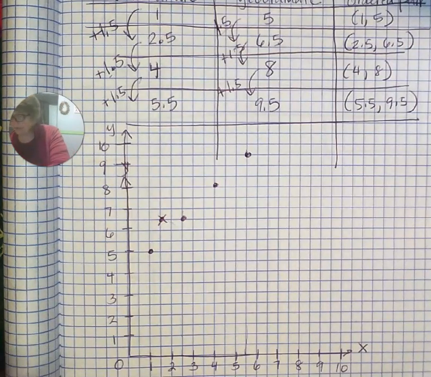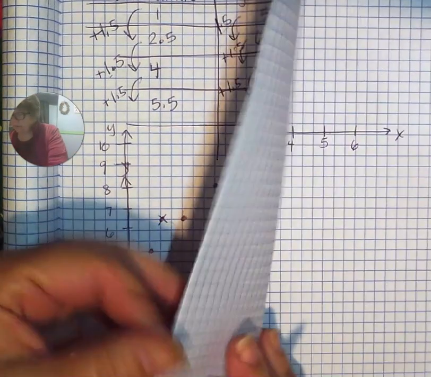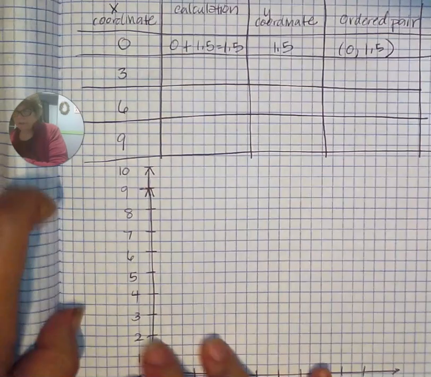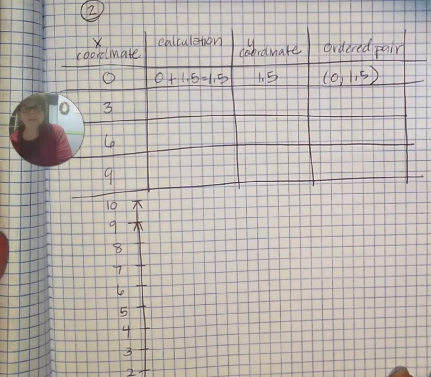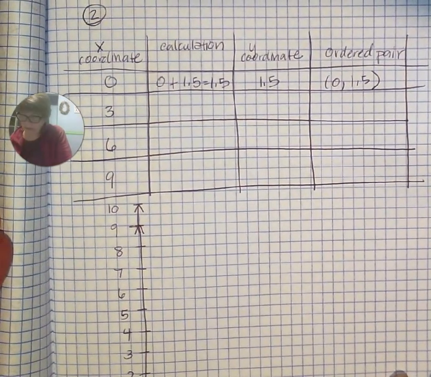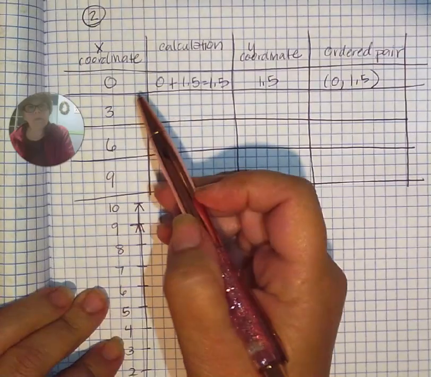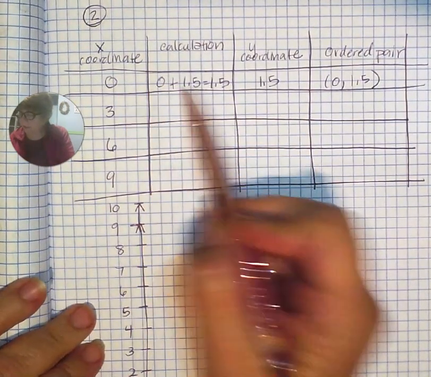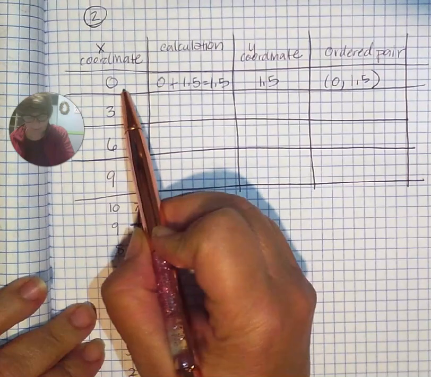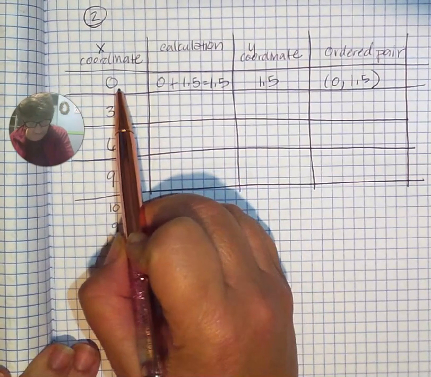Then let's do number 2 together. Go ahead and look at number 2 in your Learn book in your magnifying glass page. It's going to look roughly like this, and you have your calculation here. This is the calculation between the x-coordinate and the y-coordinate.